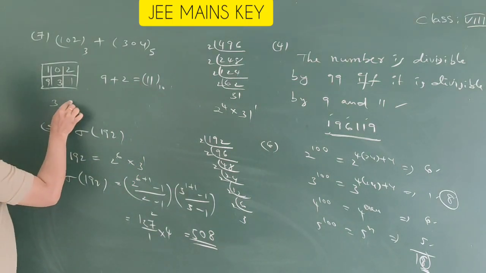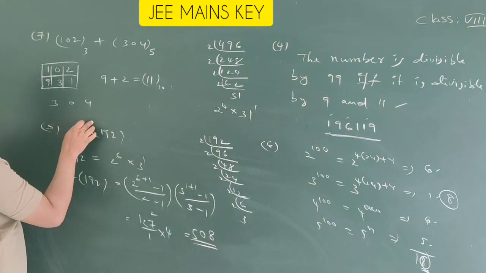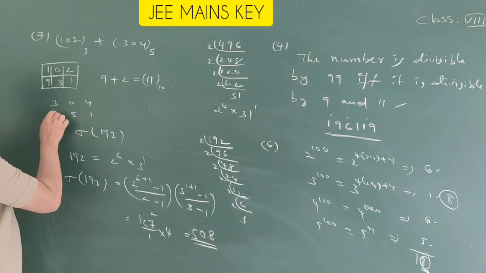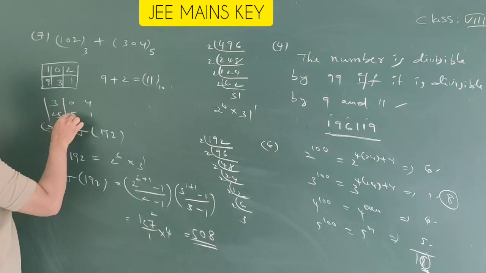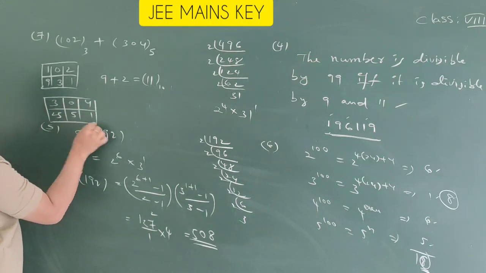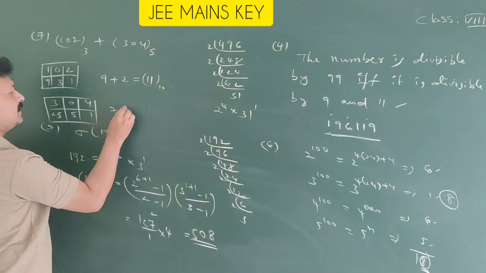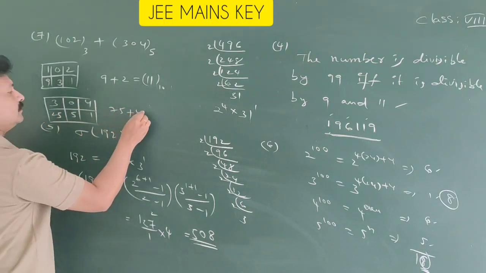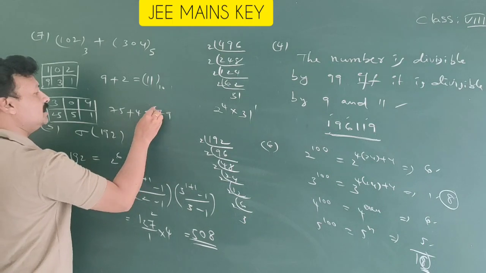Next, 304 to the base 5. So 1, 5, 25. 3 times 25 is 75, plus 4 ones are 4, which means 79 to the base 10.